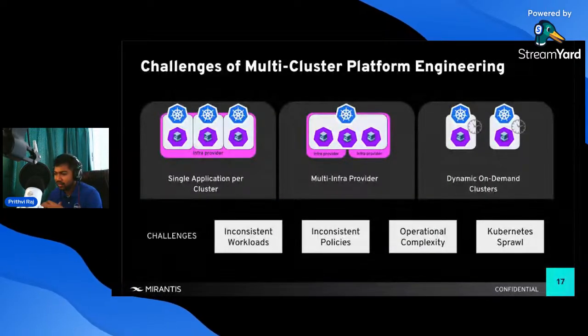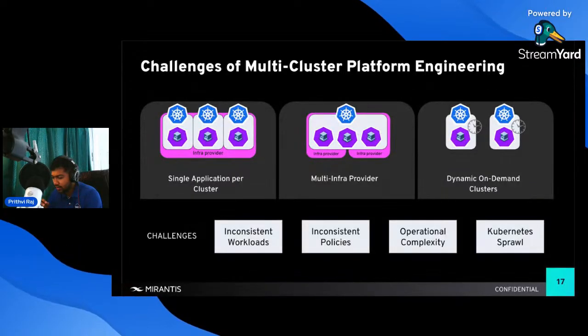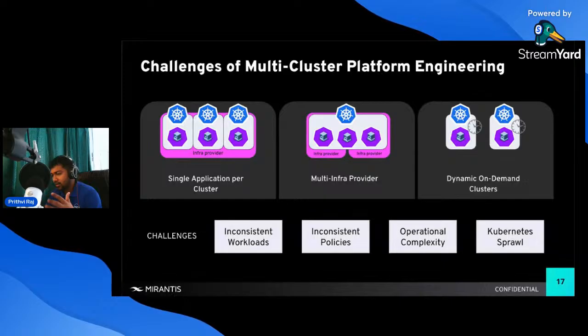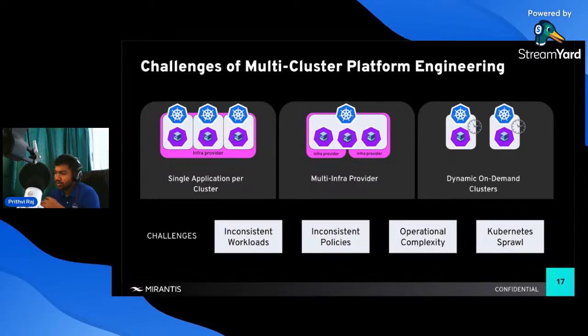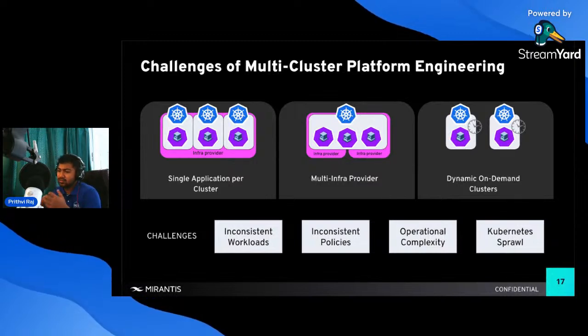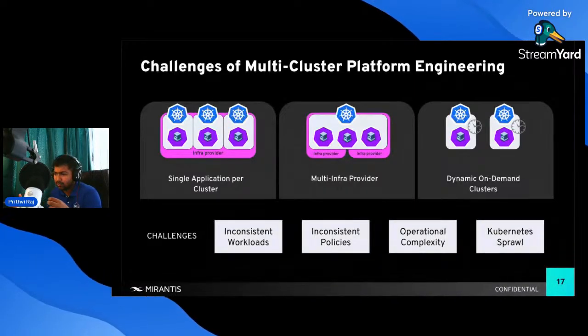That's the idea of multi-cluster platform engineering, and what are the challenges, because clusters are on different clouds, on different services hosted in different infrastructures, and usually a single application per cluster was seen to be a best practice. Most enterprises are obviously adopting a hybrid multi-cloud strategy and are deploying across multiple providers.